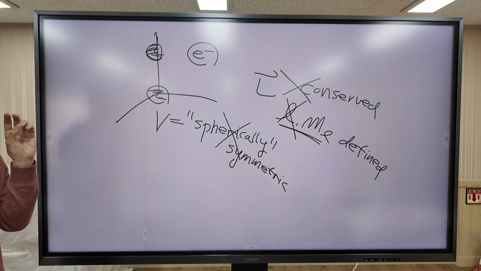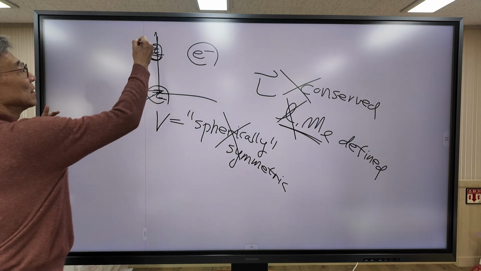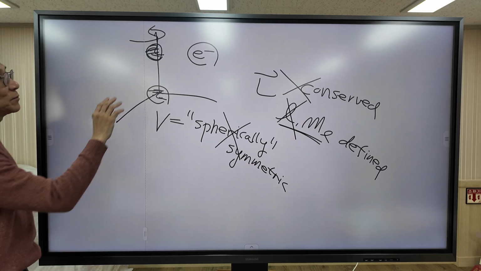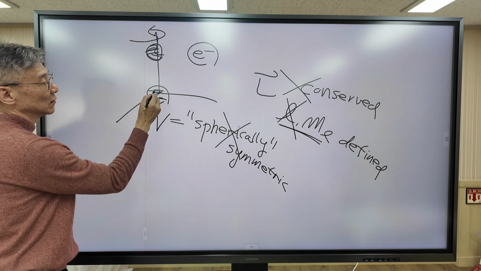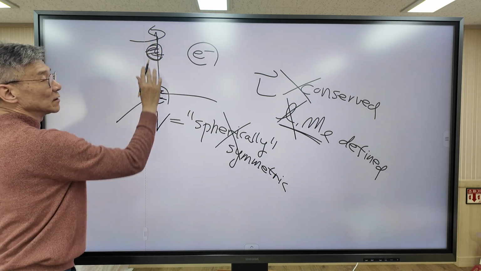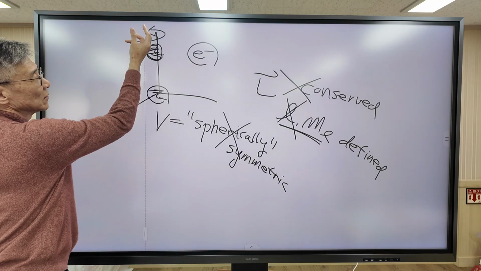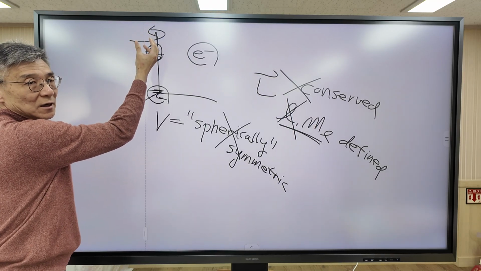But there still remains symmetry. What symmetry remains? The potential energy still does not change with respect to rotation about the g-axis because the nuclei are aligned on the g-axis. When you rotate the coordinate system about the g-axis, the potential energy does not change.